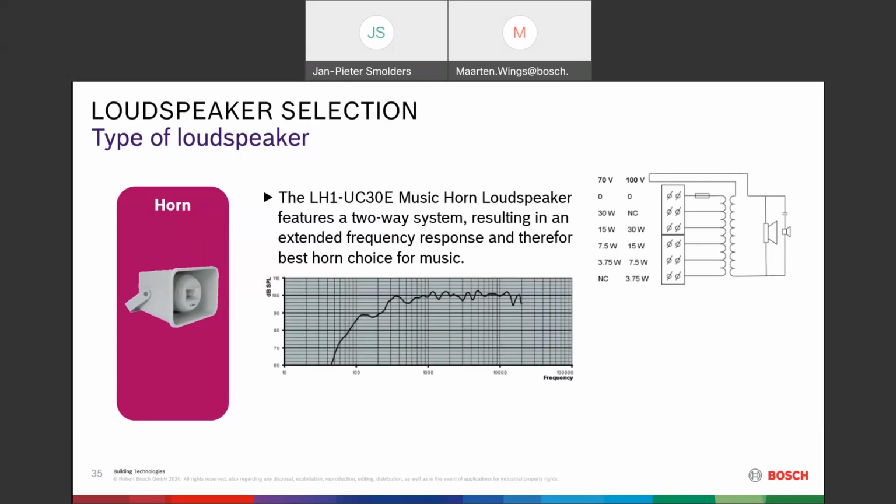Like you see here on the frequency response, it's quite a good response for a horn. If you compare it to the horn we saw in the previous sheet, this is quite good frequency response.